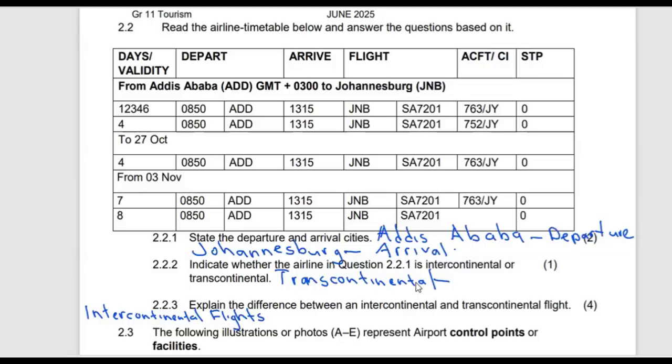Intercontinental flights involve two or more continents, whilst transcontinental flights are flights across a single continent.